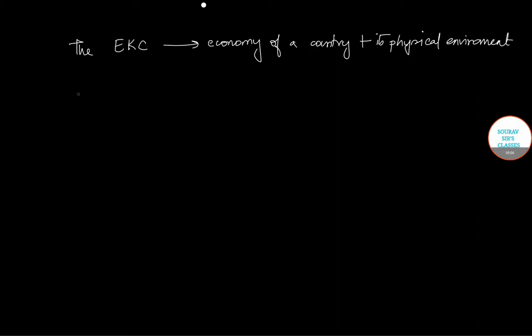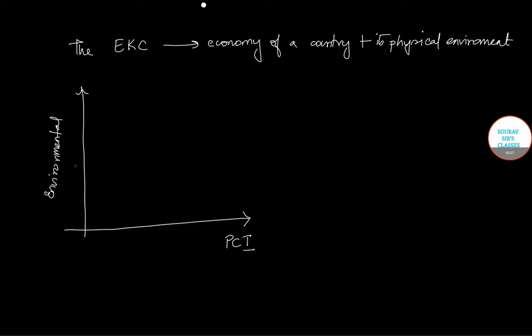Now let us draw the curve so that it becomes very easy to understand. On one axis I'll be measuring the per capita income, and on the other we will be measuring the environmental degradation.